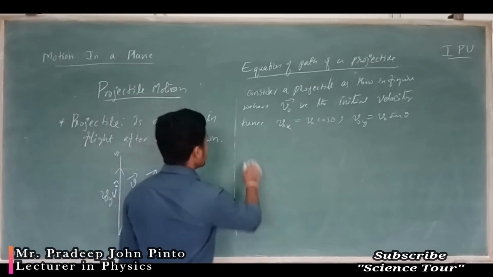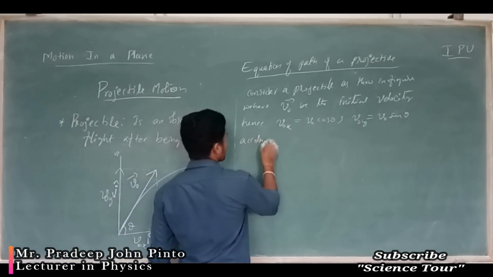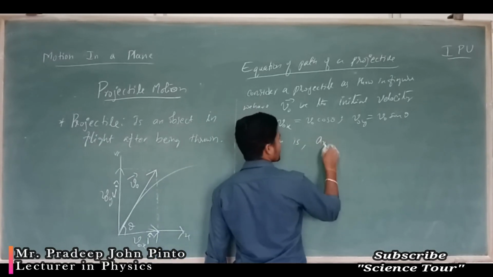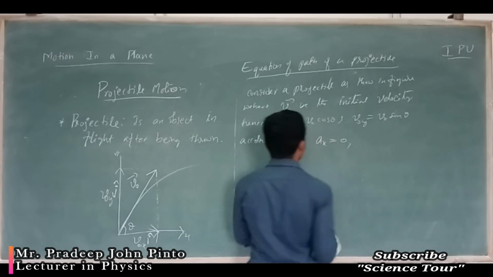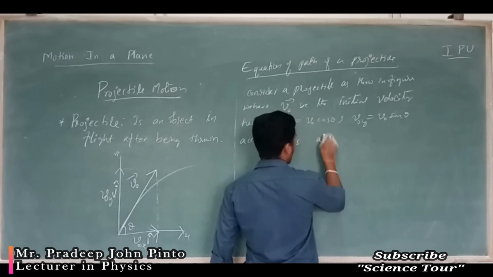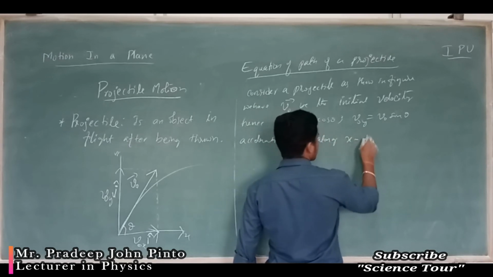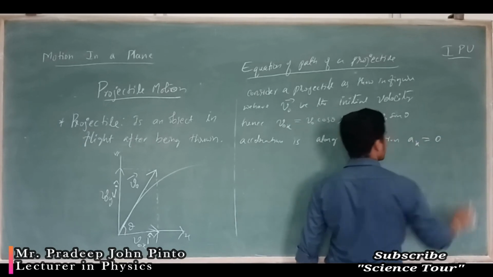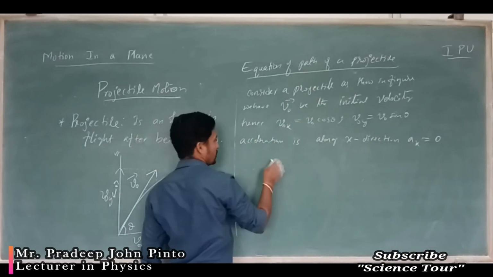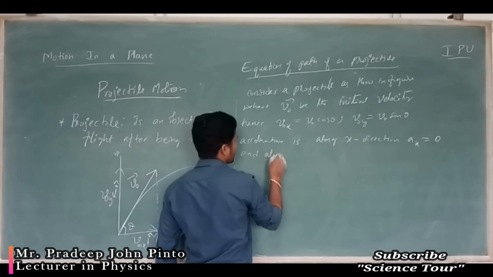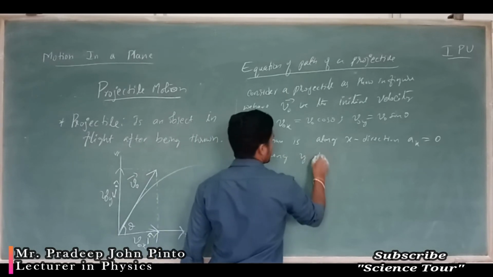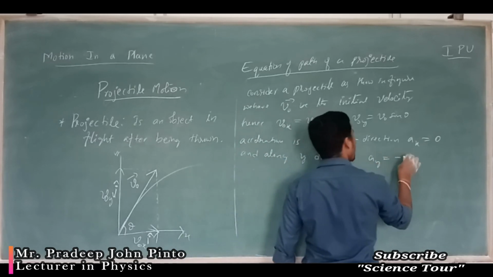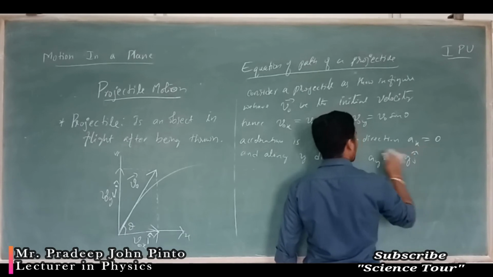Since acceleration ax is equal to 0, acceleration along the x direction, ax is equal to 0, and along the y direction, ay is equal to minus j cap.